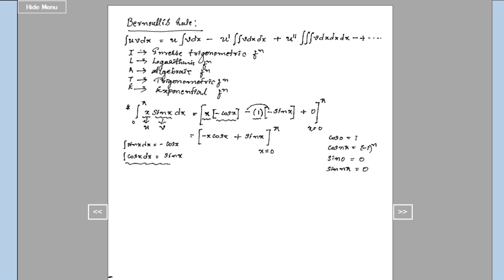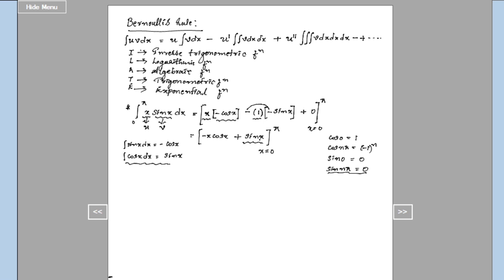Now I will apply the limits for the second term. While applying the limits, you should apply the upper limit first, then the lower limit: upper limit minus lower limit. When I substitute pi in place of x, sin pi is 0. Sin 1 pi is 0, sin 2 pi is 0, sin 3 pi is also 0.